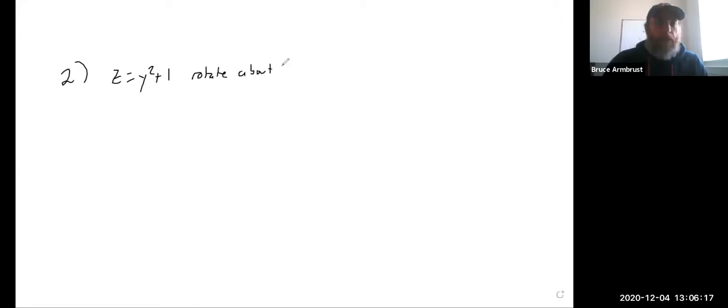All right, so for this one, we are going to rotate the curve z equals y squared plus 1, and we're going to rotate it about the y-axis.